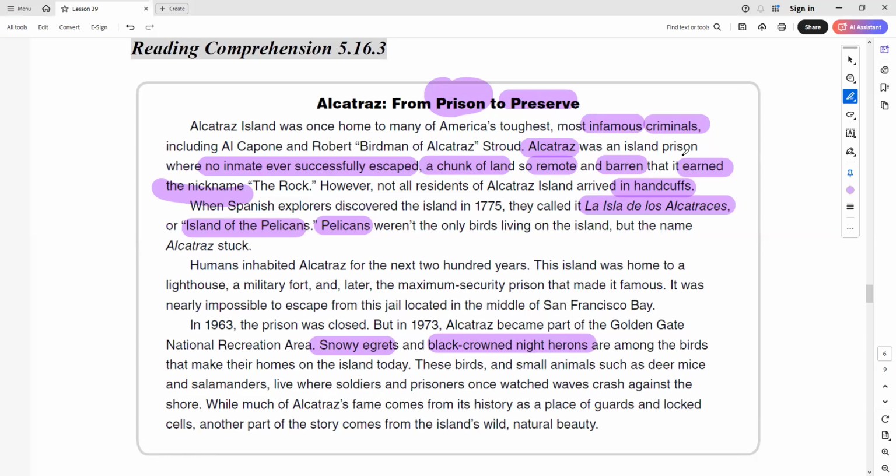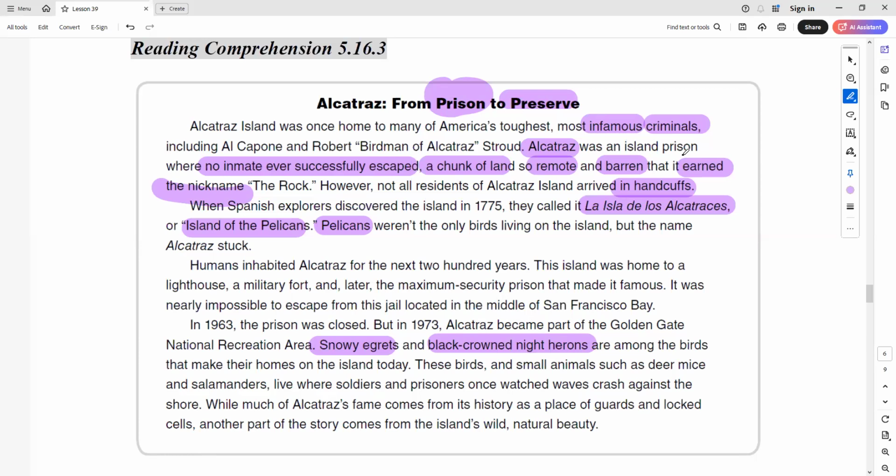Okay, so we come to these humans inhabited. Inhabited means living here. OK, humans lived here. Inhabited Alcatraz for the next 200 years. Okay, for the next 200 years. This island was home to a lighthouse. So you can see that there's a lighthouse there.